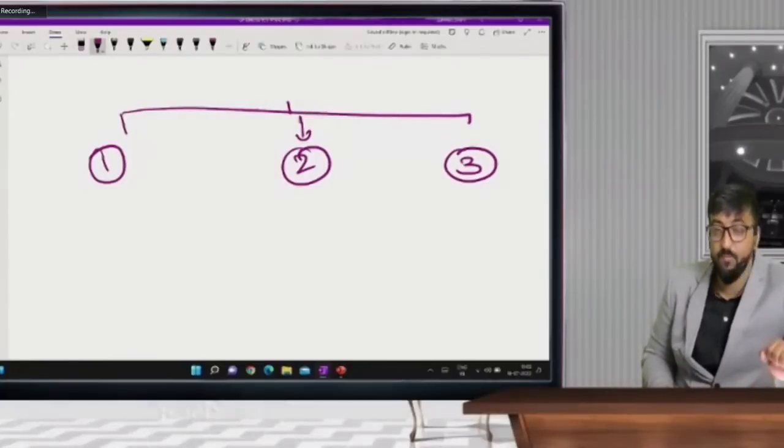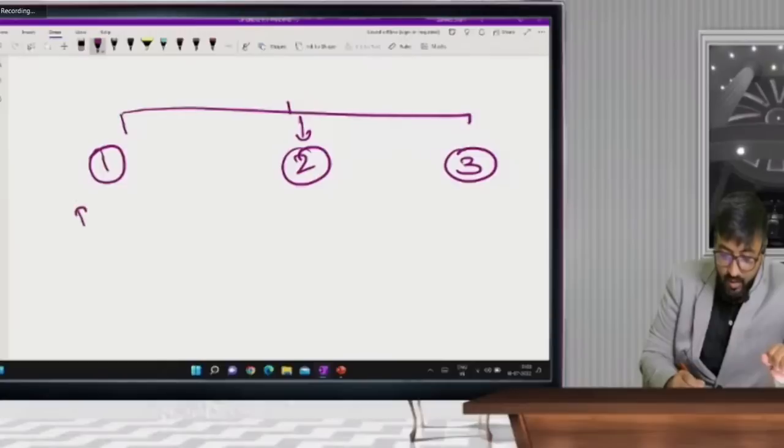First question, number 1. What is the entry for bad debts recovered? Bad debts recovered, fast.